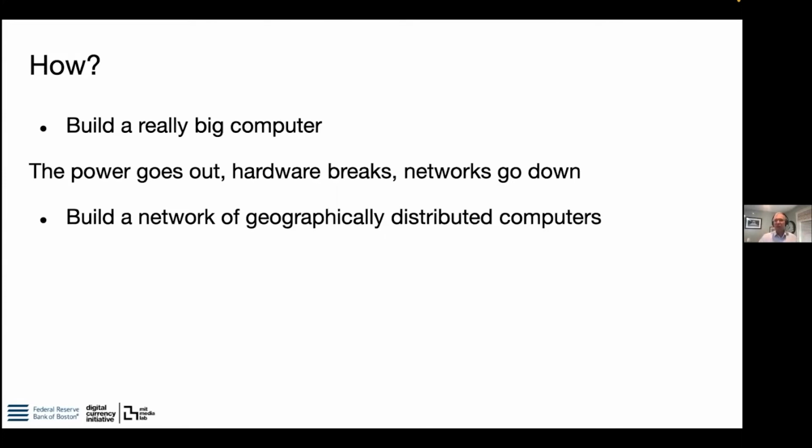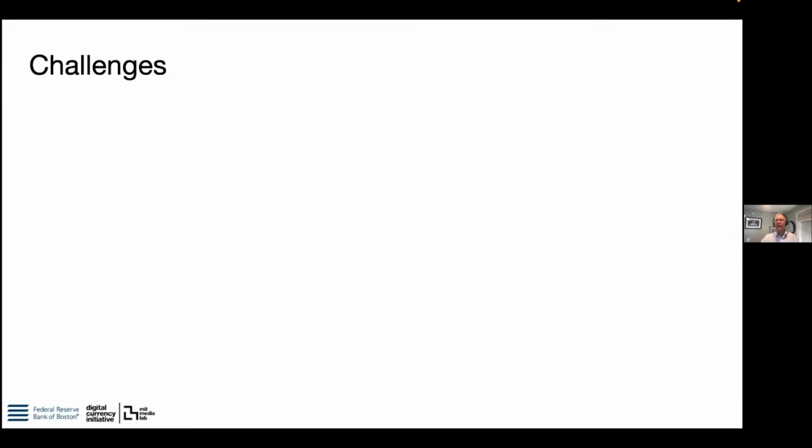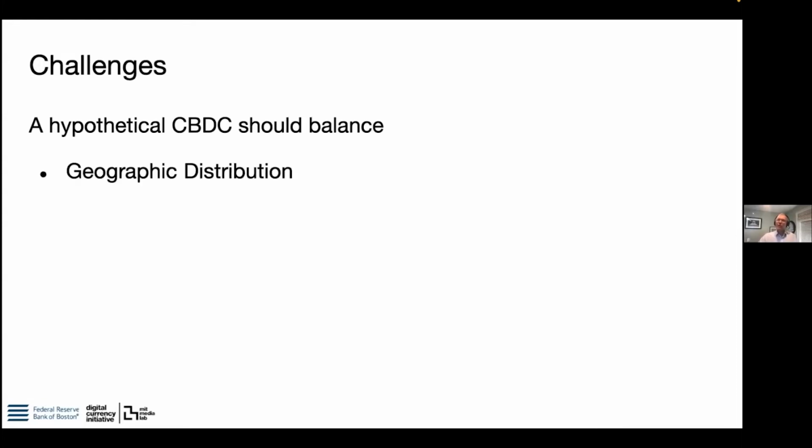Okay, and not too surprisingly, if you add that complexity, sometimes you have to address the issues that come out of that. So the issues that we found are, we basically need geographic distribution and low latency and global consistency. And if you try to do all three of these, they sort of are at loggerheads. So you have to balance them.